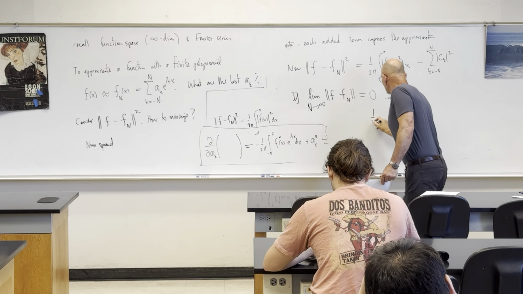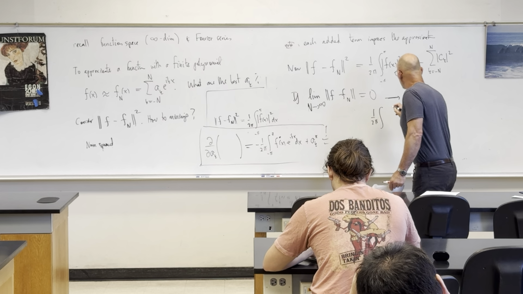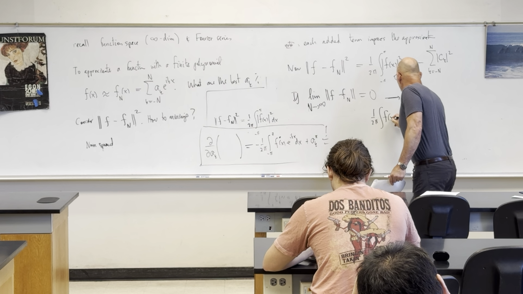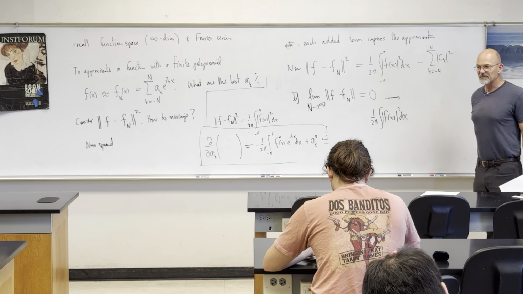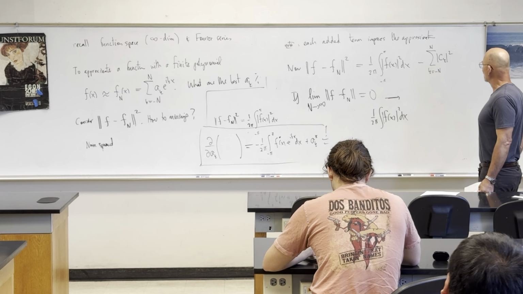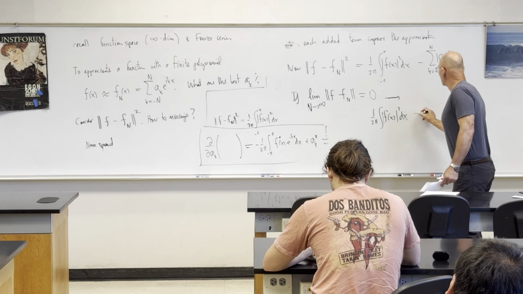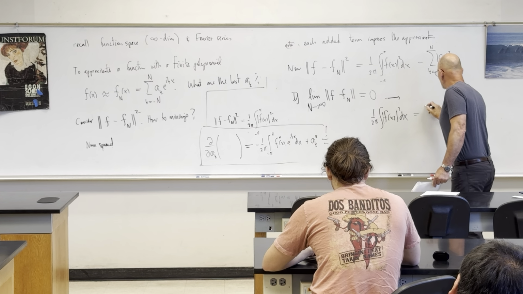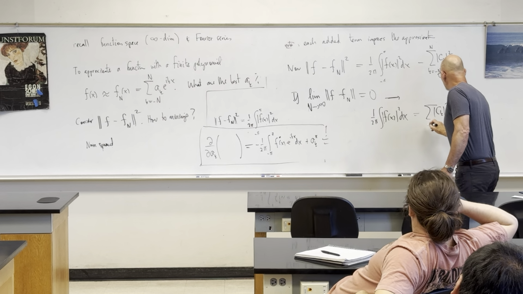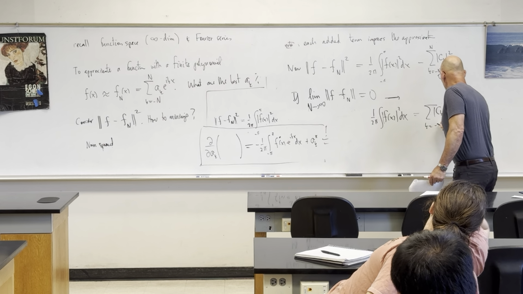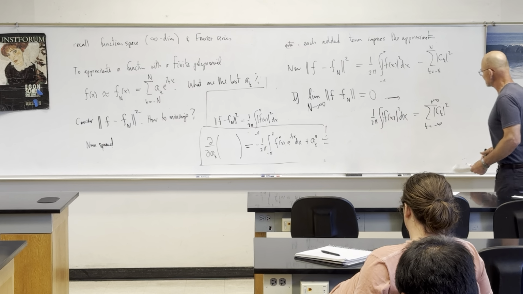Then we have 1 over 2 pi integral of the magnitude of f of x squared dx, which after all, that's just the norm of f squared, is equal to the sum of c sub k squared, k goes from minus infinity to plus infinity.